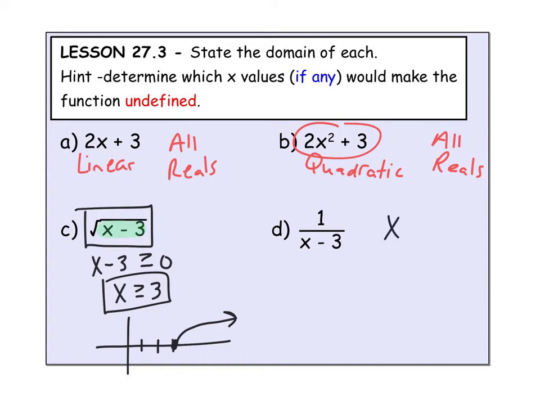So since x minus 3 is the denominator, we have to say that it cannot equal 0, which means that x cannot equal 3. This is the domain of that function. If you plugged in 3 for x, you're going to end up having 1 over 0, which is undefined. Any other value for x works. And we're going to see what that means about our graph, how it looks, and how we handle it in this section.